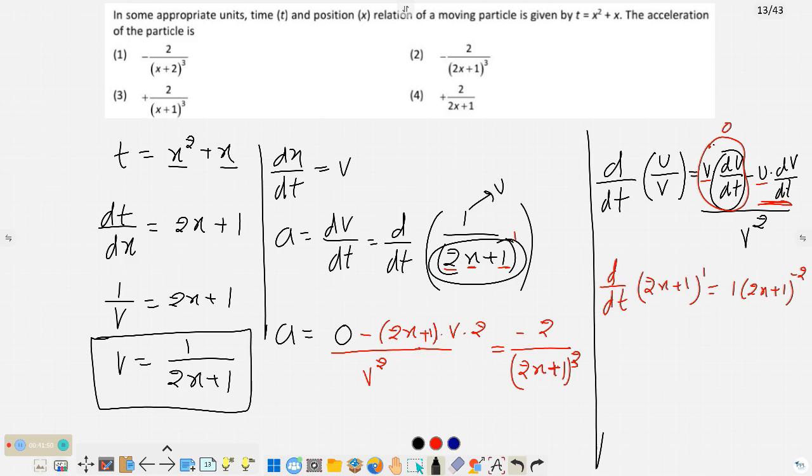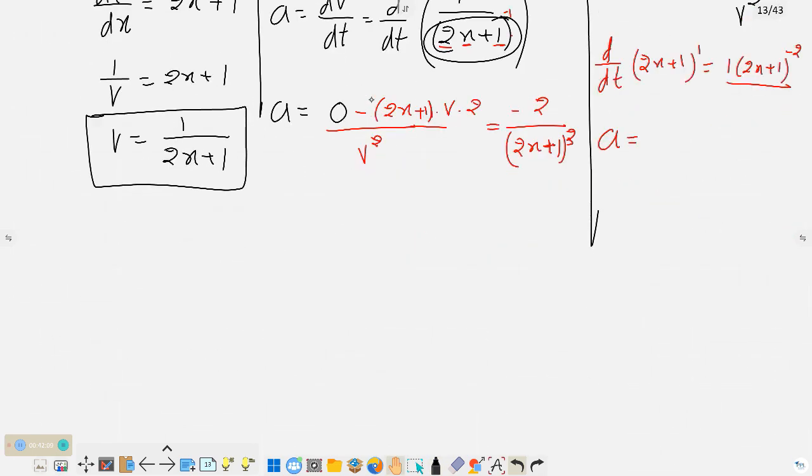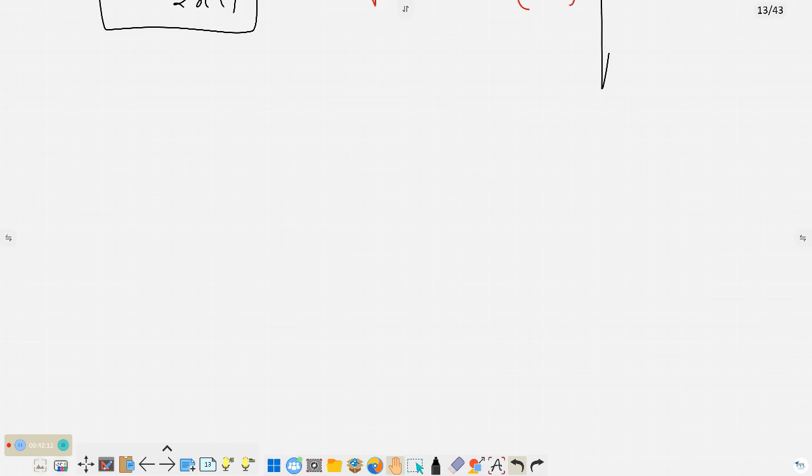So after solving this equation, the acceleration of the particle is equal to minus 2 by v cube, and that v cube value I can write as (2x plus 1) whole cube.